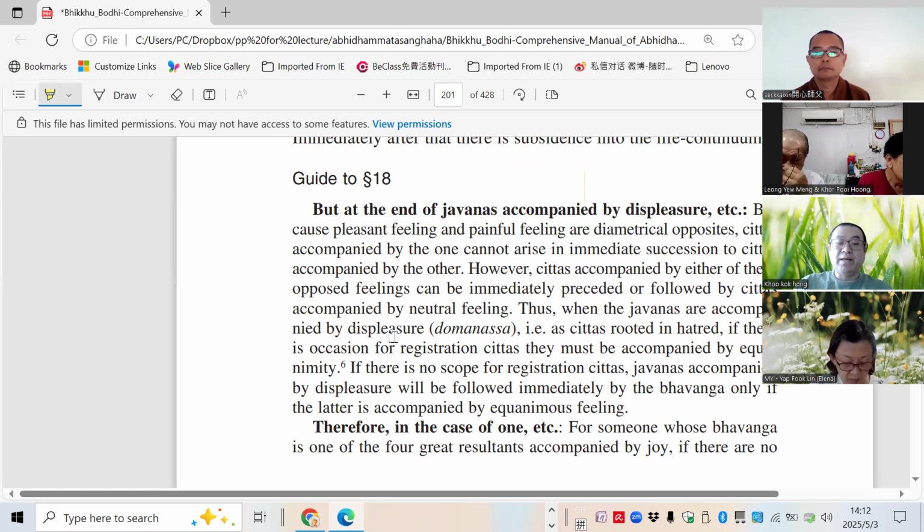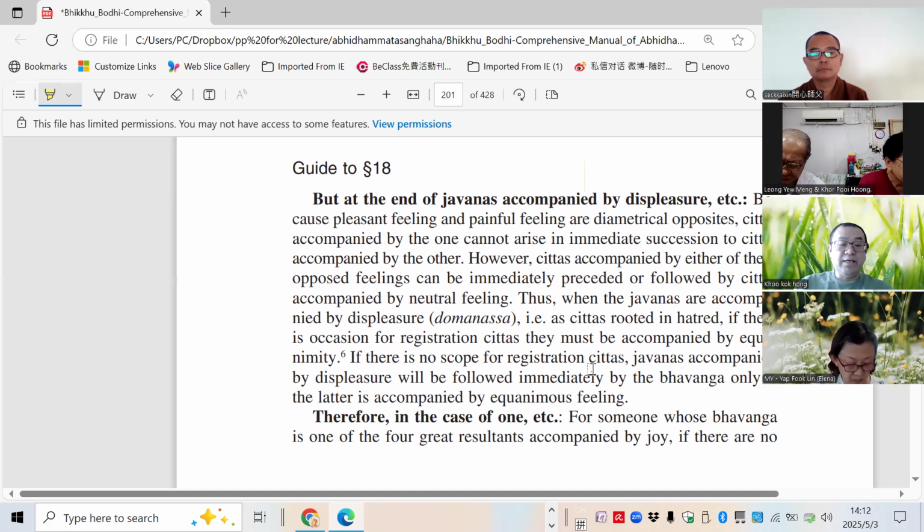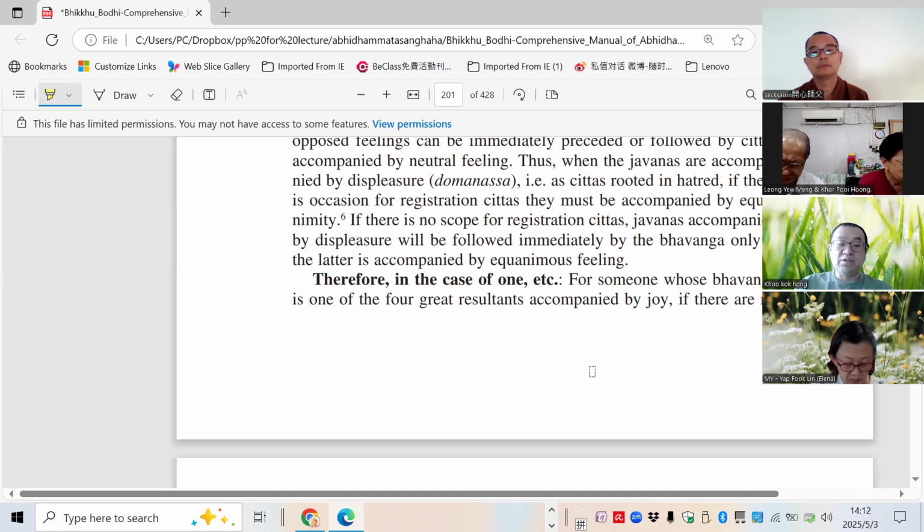Thus, when the javanas are accompanied by displeasure, for example citta rooted in hatred, if there is occasion for registration citta, it must be accompanied by equanimity. If there is no scope for registration citta, javanas accompanied by displeasure will be followed immediately by the bhavanga only if the latter is accompanied by equanimous feeling.